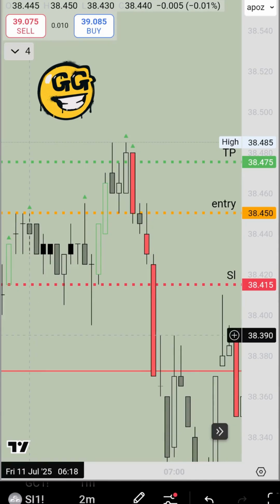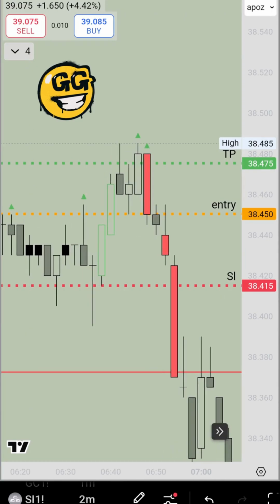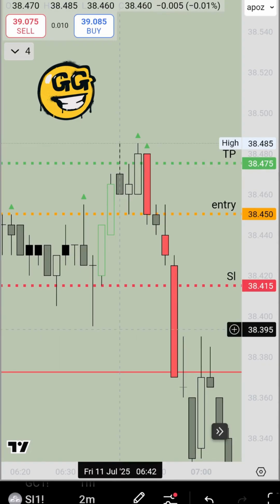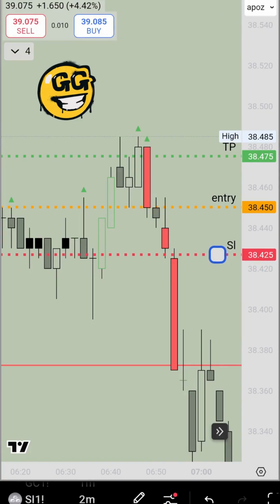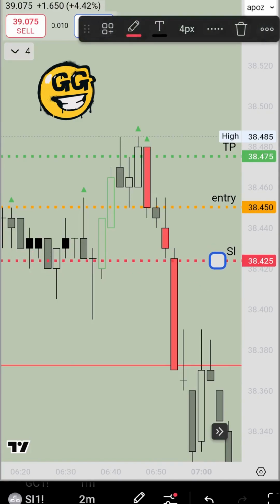That lines up with the PSP candle that was formed at 6:18. So the top of the PSP candle is your entry. It is only confirmed after the 6:42 candle closes and it creates a fair value gap. Then we have a 0.5 projection based on the fair value gap.